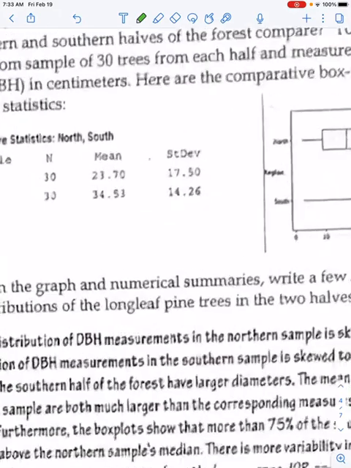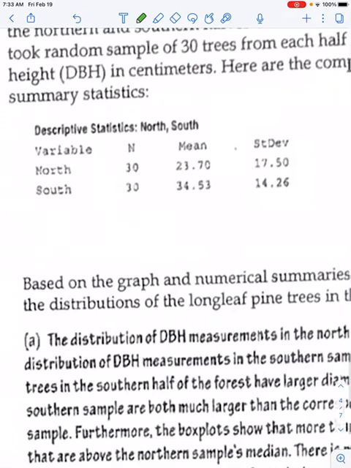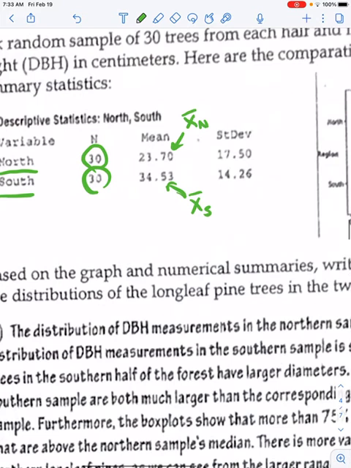Okay, now guys, make sure you understand. This is north and south. Here's my sample size. So this mean right here is not mu. That is x bar sub n if I want to go for northern, and that's x bar sub s for southern. And this standard deviation is not sigma. That's s sub n, and that's s sub s.